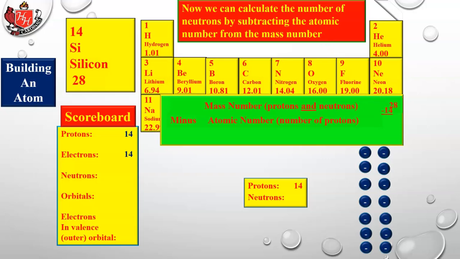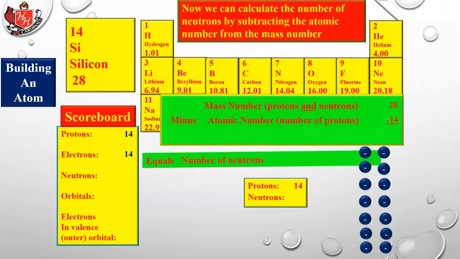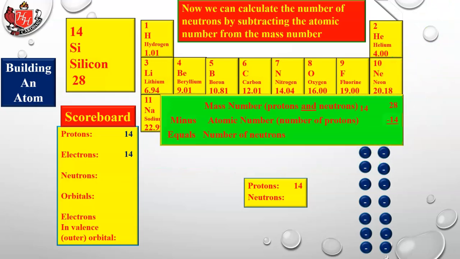And that's a number we already know is 14, so we're going to subtract that. And if we subtract that, we get the number of neutrons, and that's going to equal 14. So we can further fill in our scoreboard, and we can also fill in our nucleus. Okay, so now we've got the nucleus taken care of.